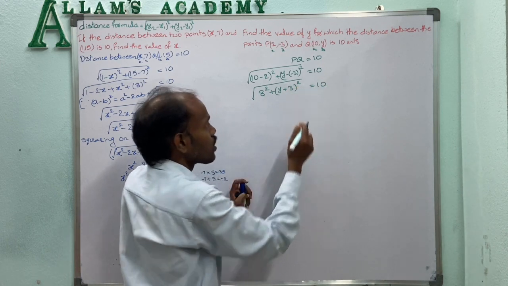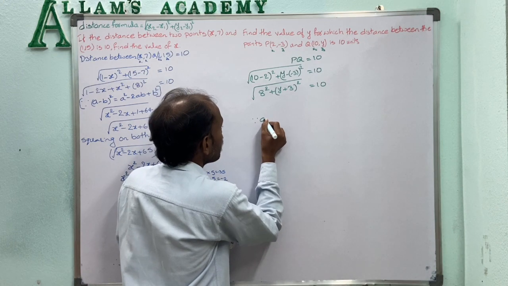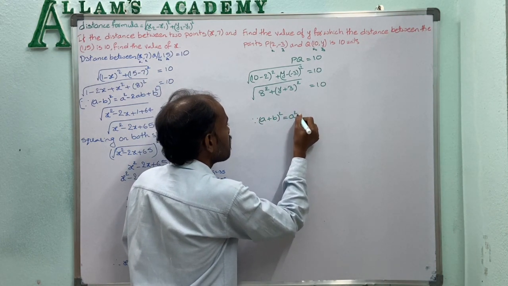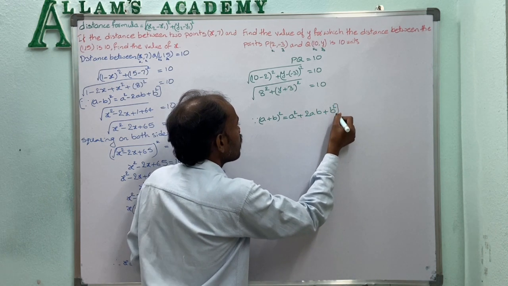Now (y plus 3) whole square is in the form of (a plus b) whole square. (a plus b) whole square is equal to a square plus 2ab plus b square. So here a equals y and b equals 3.